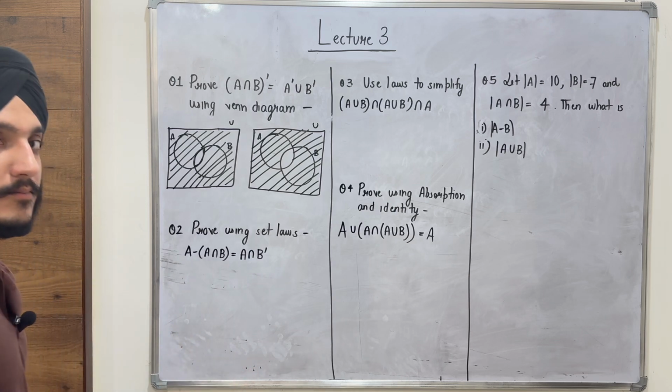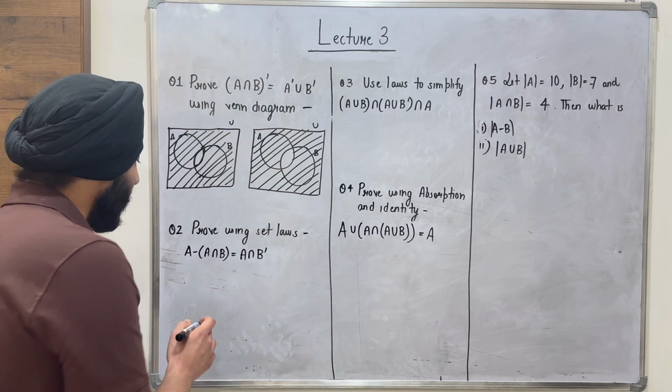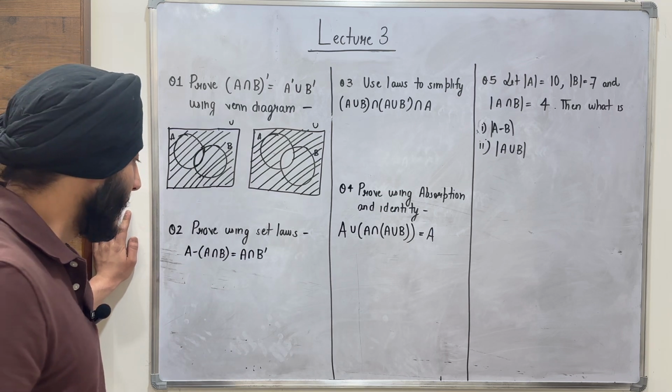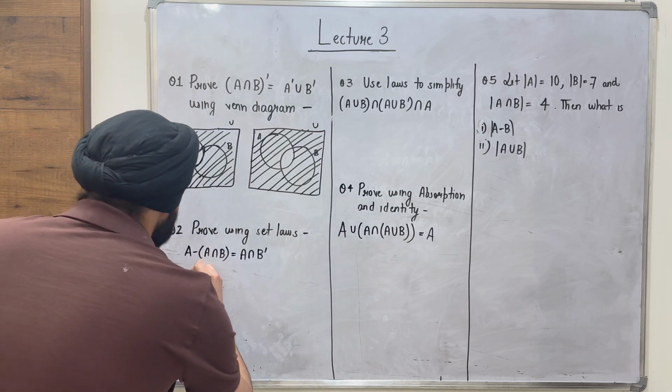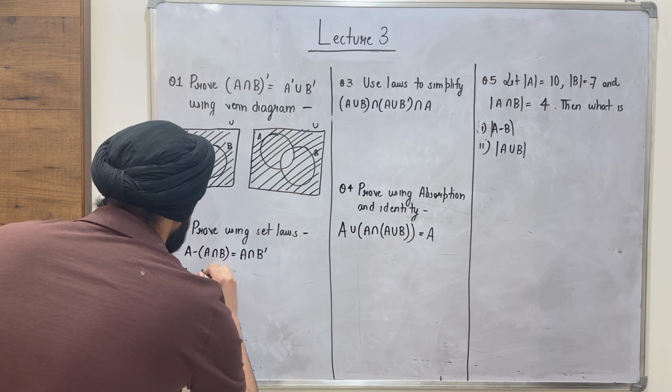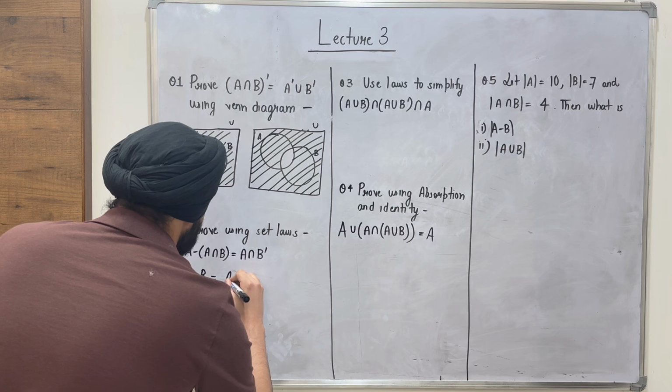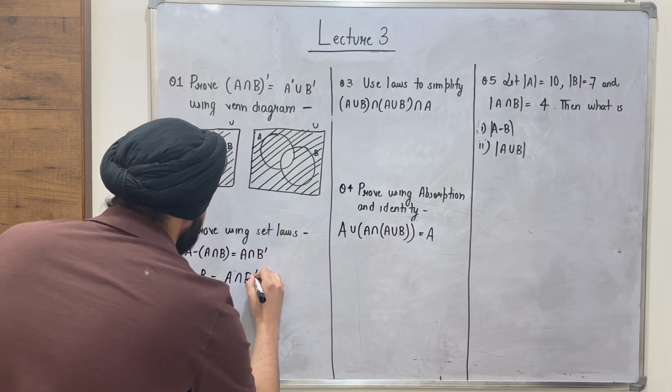I forget the laws too, to be honest, but like I said, it's very important to remember these laws, right? So the difference law states A minus B is basically equal to A intersection B complement.